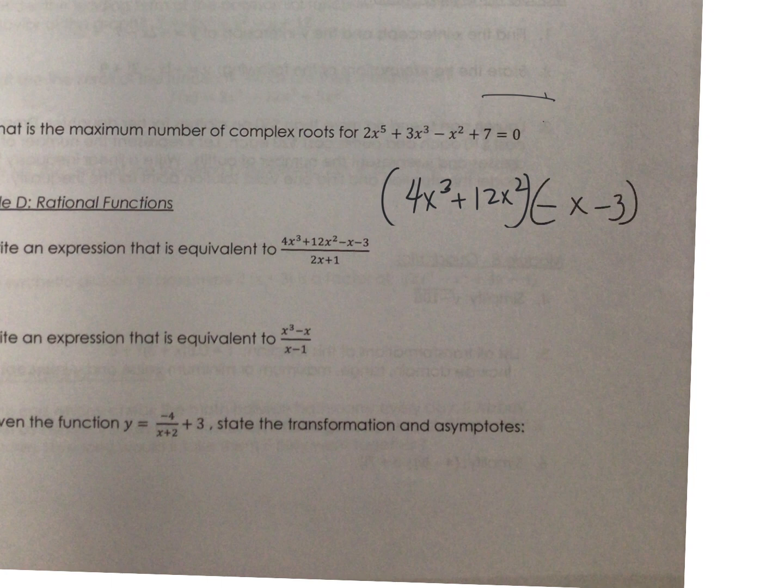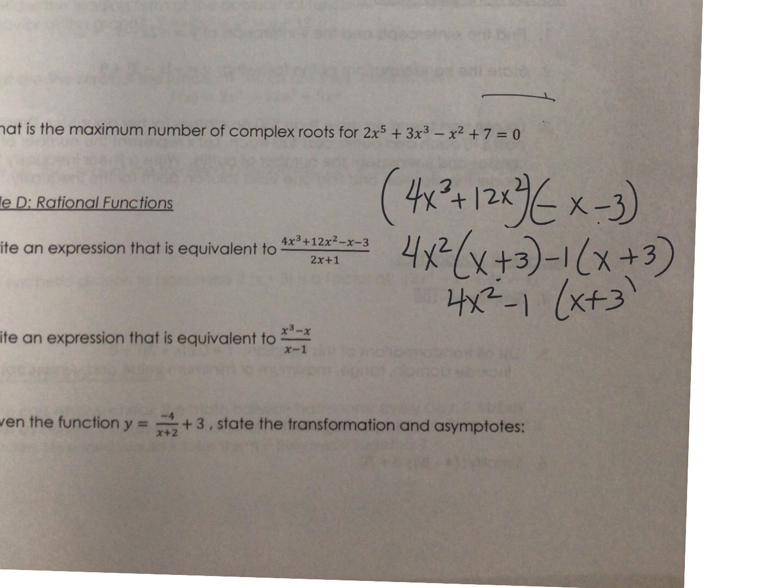So in the first grouping, it looks like I can take out a 4 and an x squared. And if I do that, I'm left with x plus 3. And the signs do not match, so I know I need to take out a negative, but everything else matches. So I'm just going to take out a negative 1. So I get 4x squared minus 1 times x plus 3.